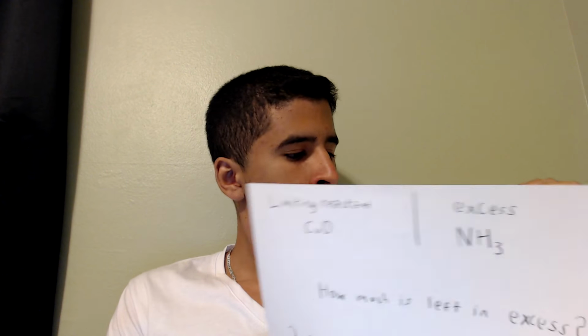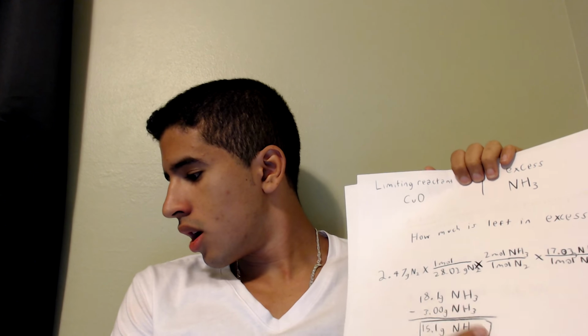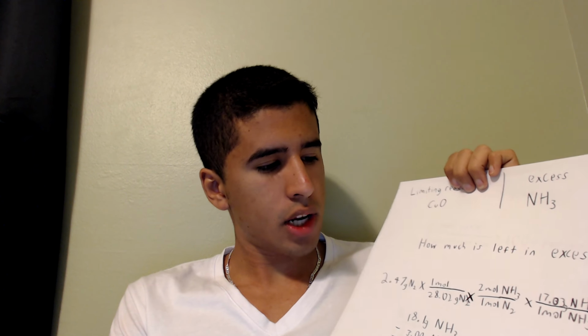And then from there, you would subtract 3.0 grams of NH3 from 18.1 grams of NH3. And you would get 15.1 grams of NH3, and that would be the excess amount. I'm sorry, I said limiting reactant before, I meant excess. My bad. And from there, you would have your answer, right?